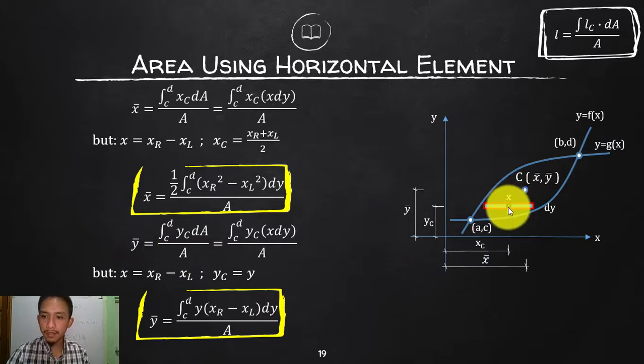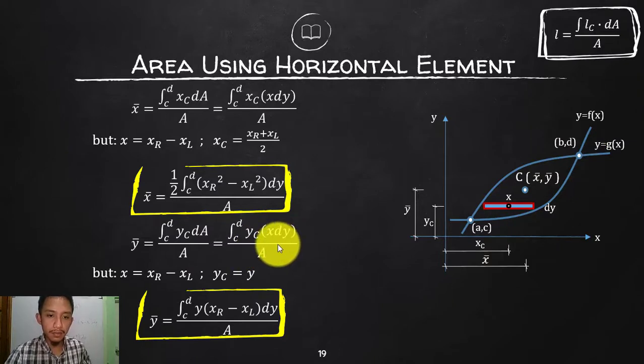So the centroid of the strip there is now your y sub c. Still, we are referring to the centroids of the object and the strip. So what changed there is only your y sub c, and of course, our limit is still the same since we are still on horizontal. So we are summating going up, so your limit is still from c to d.